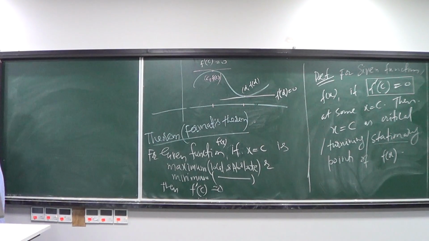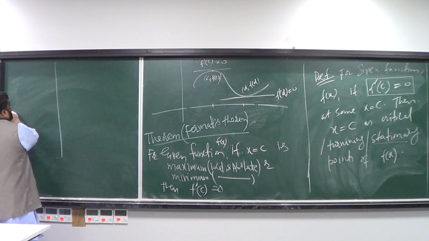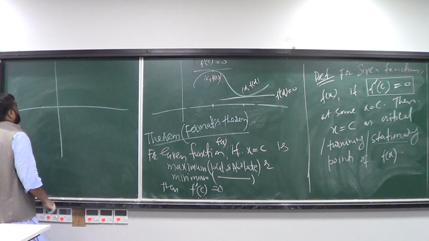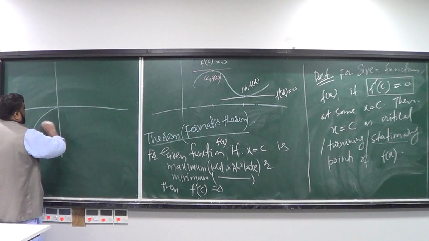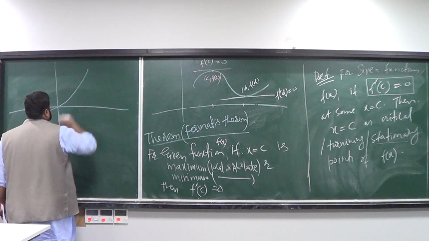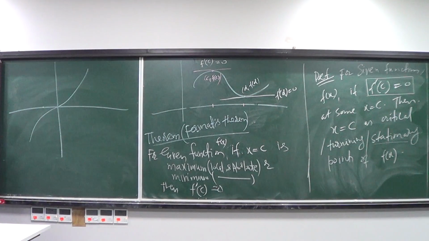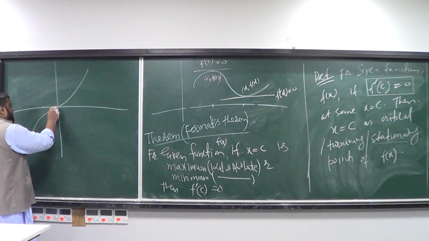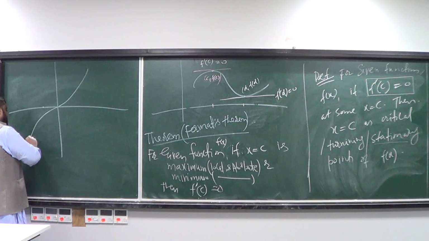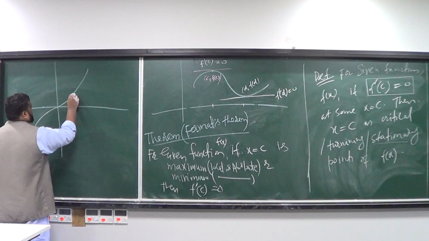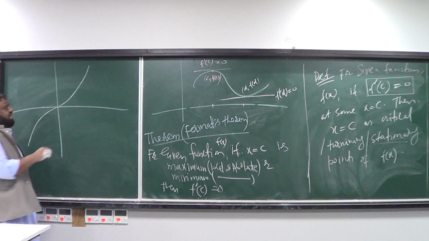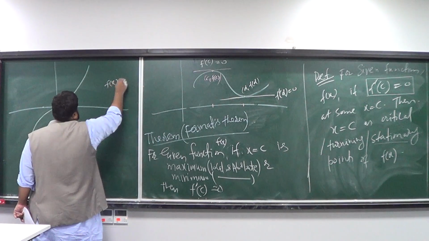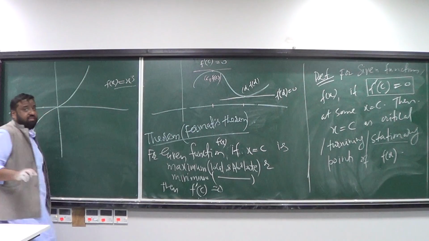So consider this curve. Consider the graph of f of x equal to x cubed. So it goes like that and goes this way. Let's assume that this is a graph of f of x equal to x cubed.